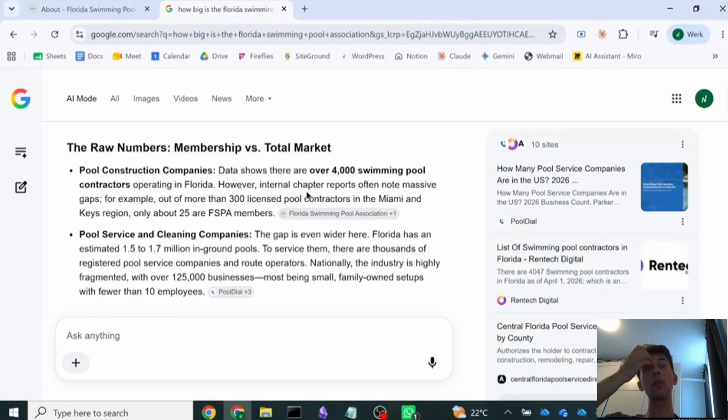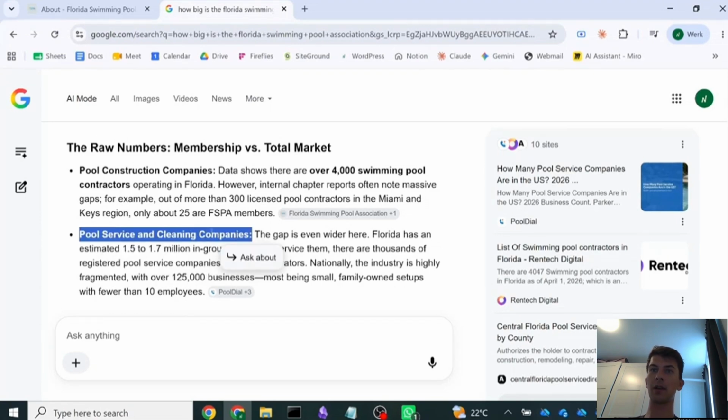And then there's also industry adjacent partnerships, like companies who provide pool construction equipment, or manufacturers of tools specific to pool cleaning, for example, those that serve pool service and cleaning companies. Those could also potentially be members, like affiliate members or sponsors or exhibitors.